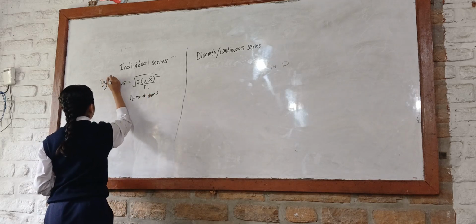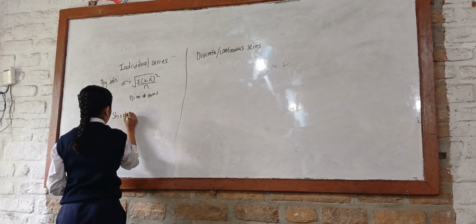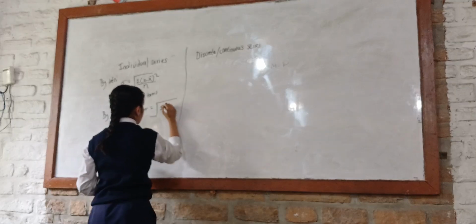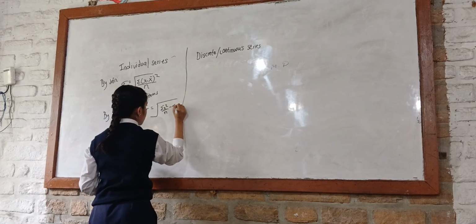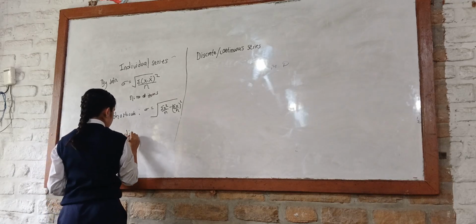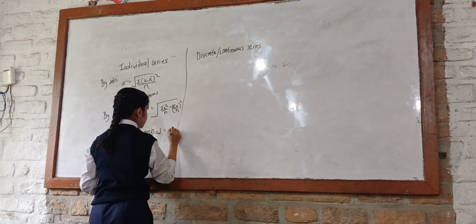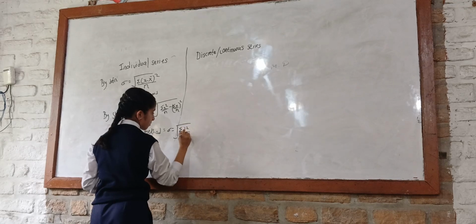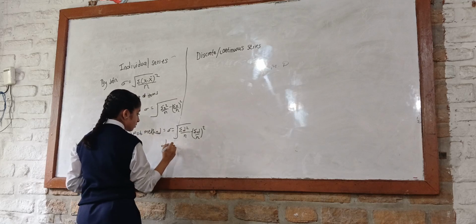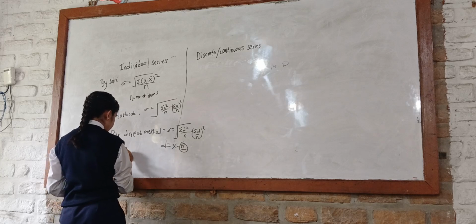This is by definition. Direct method. Here D equals x minus a, where a is the assumed mean, and the final method is step deviation method.